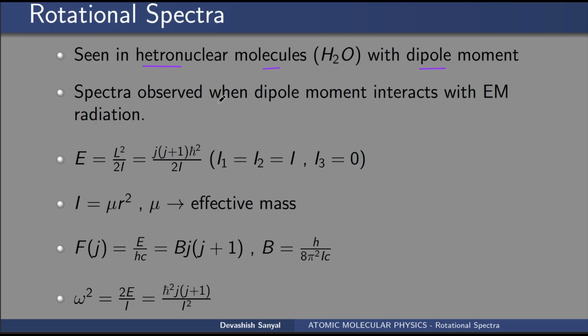And when do we observe spectra? Because the dipole moment will interact with the electromagnetic radiation. Because of the electric field, the dipole moment will experience a torque, and that is when we have rotational spectra.